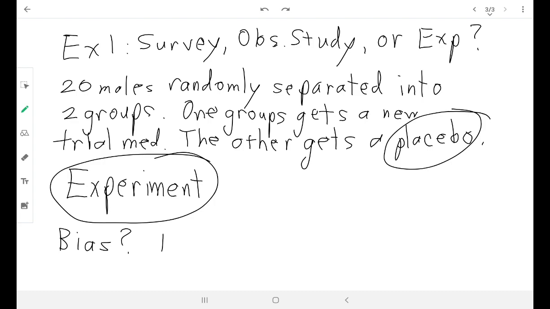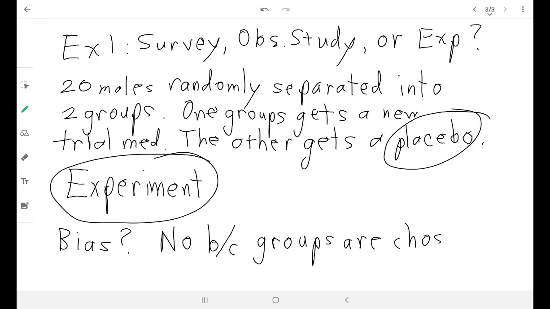But then, so males helps us in some ways to not be biased, but the big thing is randomly. Is there a bias? No, because groups are chosen randomly. And that's the big thing.